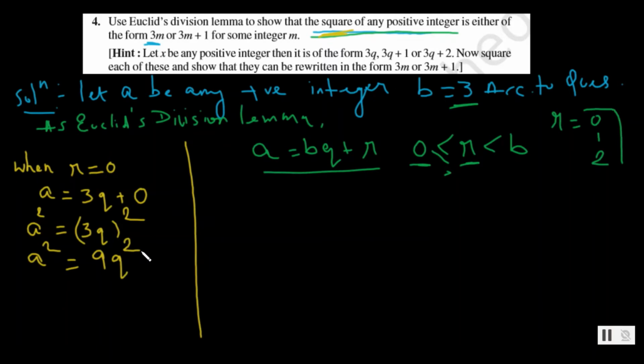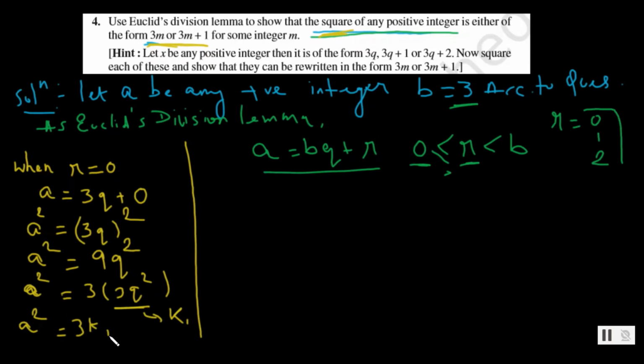As we have to bring it to this form, we will take 3 common as 3q square, and we will consider 3q square as k1. Let us just assume, so it is a square equals 3k1.